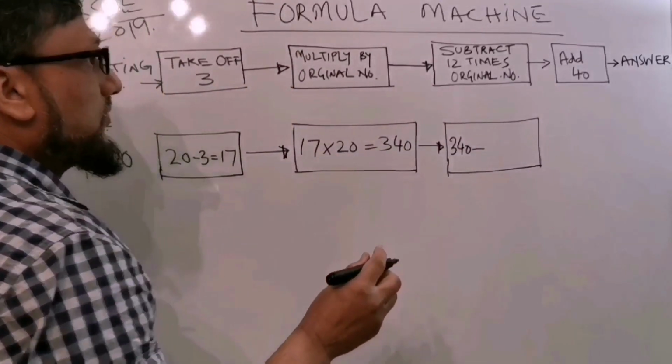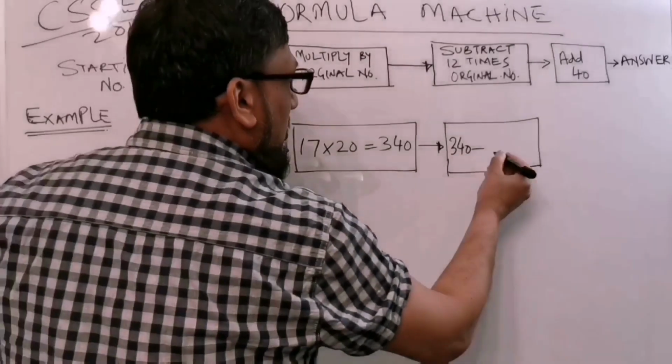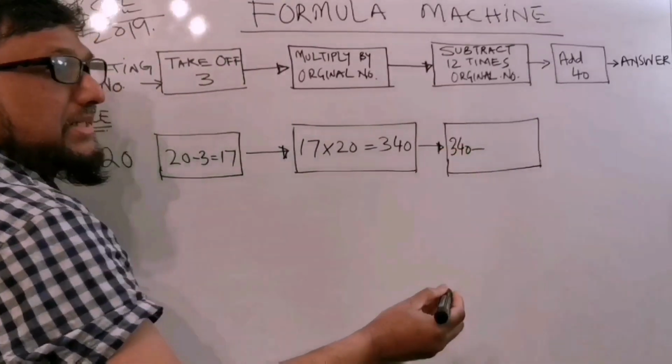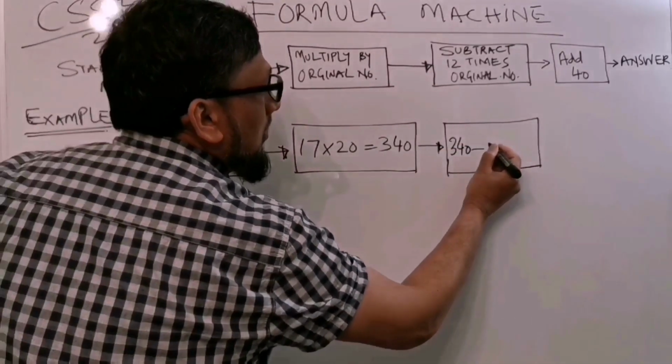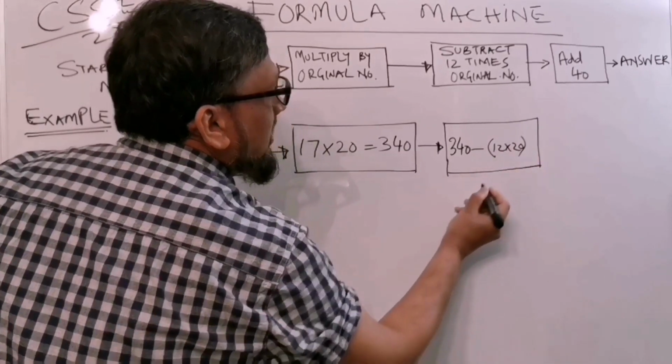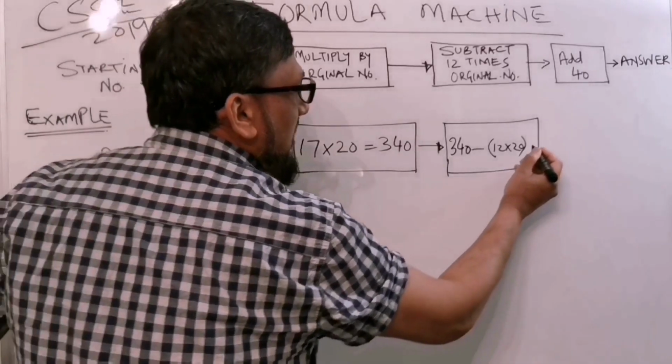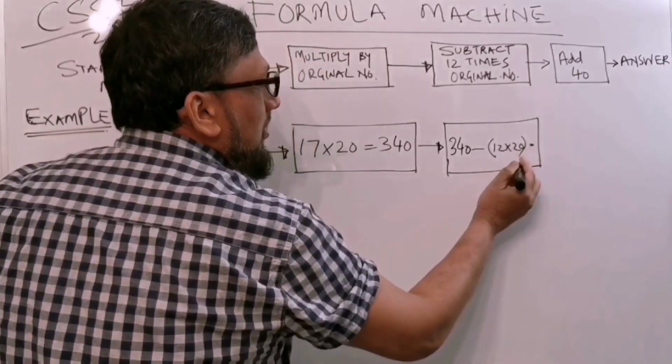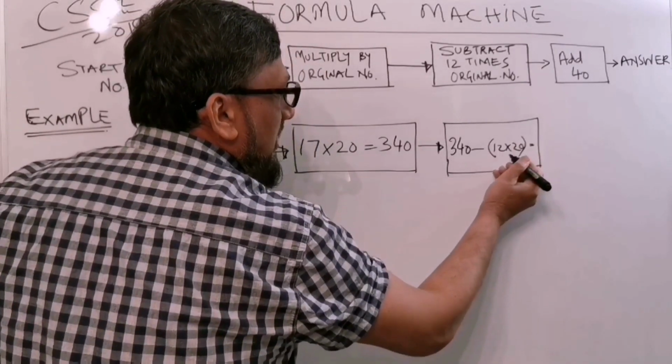The original number is 20, so 12 times 20 is 240.